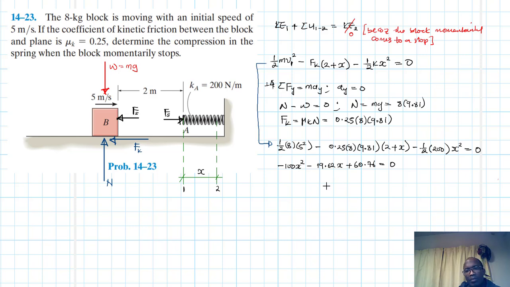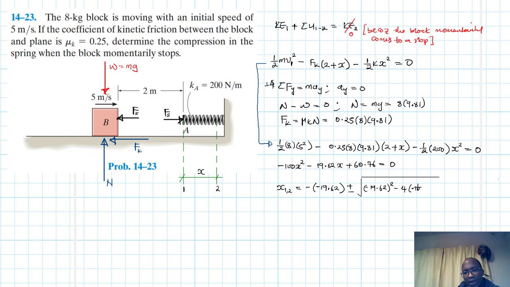There we go. So this is what we have. So let's find x. We have two values, but we're interested in the positive value. Remember the quadratic formula: minus b, which is minus 19.62, plus or minus the square root of 19.62 squared minus 4a c.